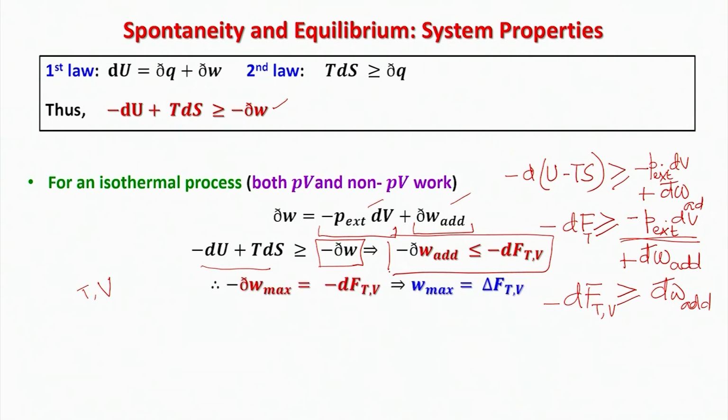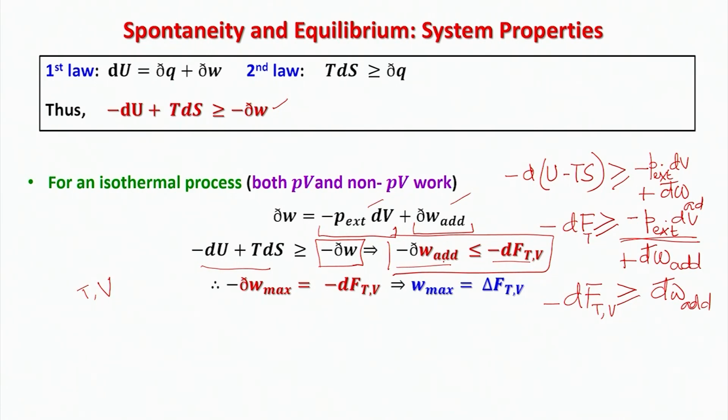So what does it mean? It means that if a system, while undergoing a change in state, has a decrease in free energy, which is minus dF at constant T and V, then I will have the system doing some additional work at the cost of this decrease in Helmholtz free energy.